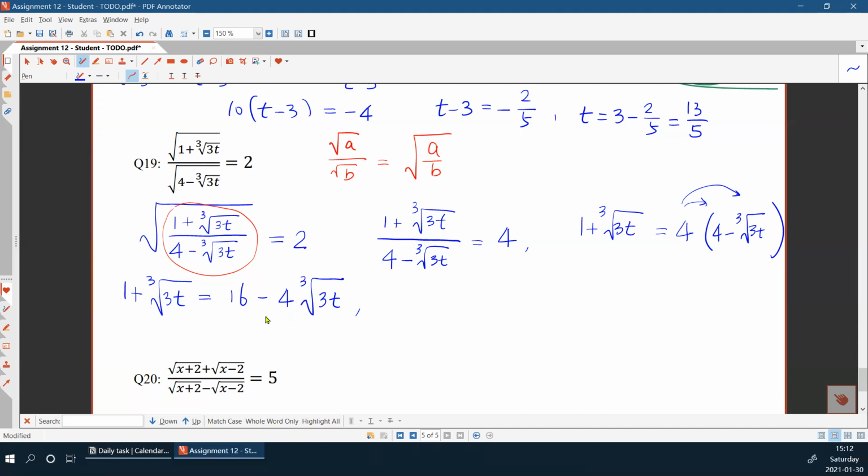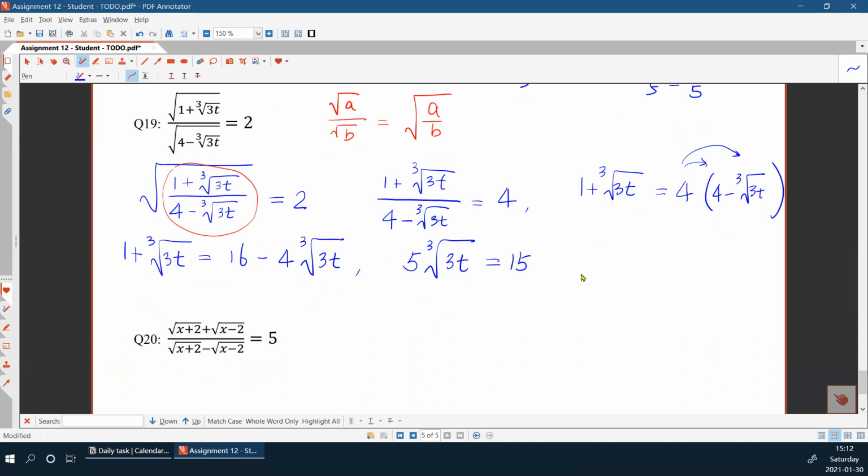We can move the minus 4 cube root of 3t to the left-hand side, which gives us 5 times cube root of 3t on the left equals 16 minus 1, which is 15, on the right-hand side. Then divide both sides of the equation by 5. This gives us cube root of 3t is 3, right?